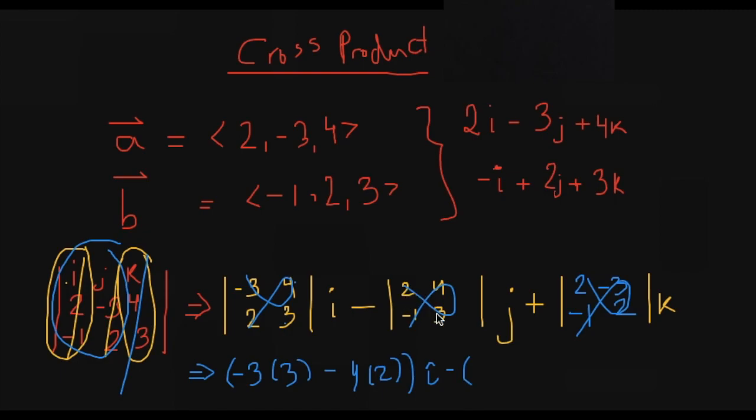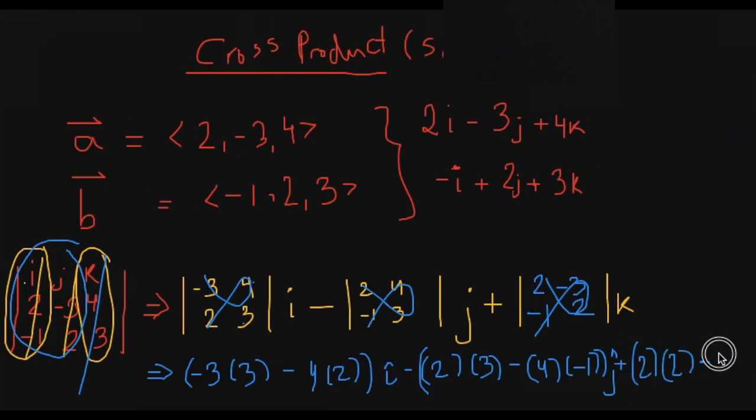We multiply 2 times 3 and subtract from it 4 times negative 1. Next, we keep the positive sign. This is j. We keep the addition sign, and now we're going to add to it 2 times 2 and subtract from it negative 3 times negative 1.